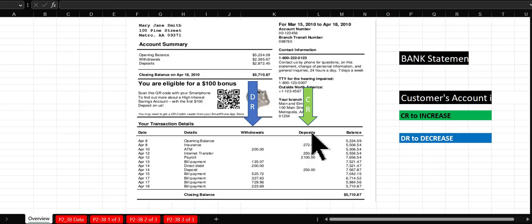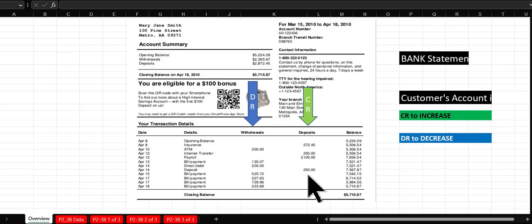Notice that I have the deposits as credit and the withdrawal as a debit, whereas in my cash account, it is the opposite. And this is where people say, well, you accountants, you do things the opposite way. No, it's the same concept.